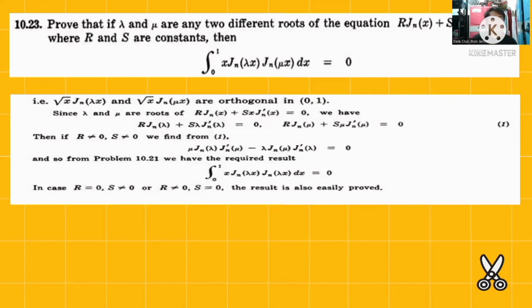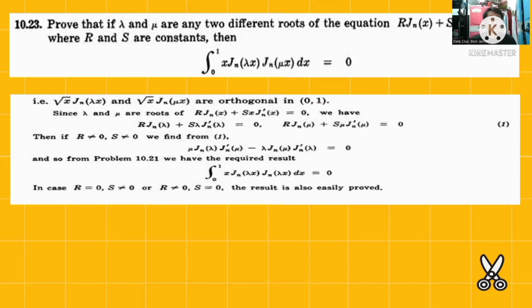Then, since r is not equal to 0 and s is not equal to 0, we find from equation 1 that mu J sub n of lambda J sub n prime of mu minus lambda J sub n of mu J sub n prime of lambda equals 0. And so by problem 10.21, we have the required result.